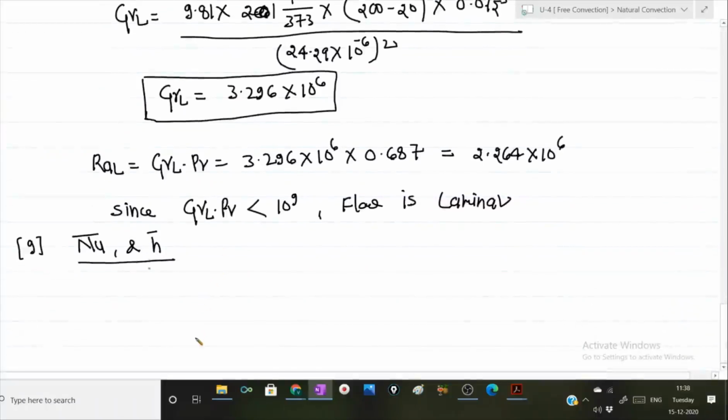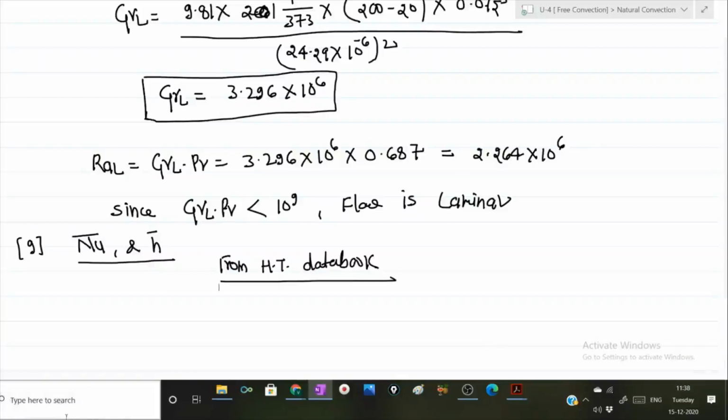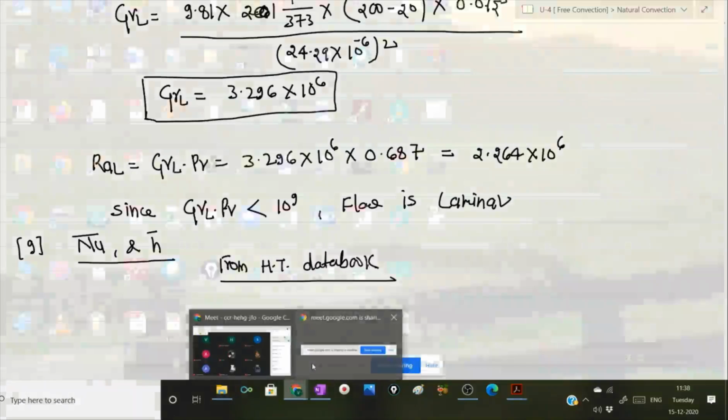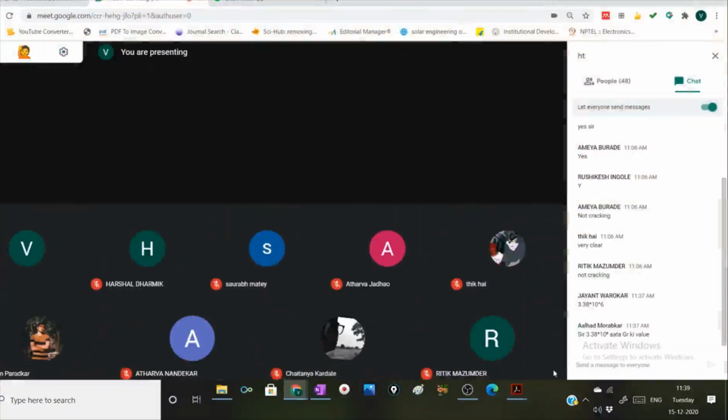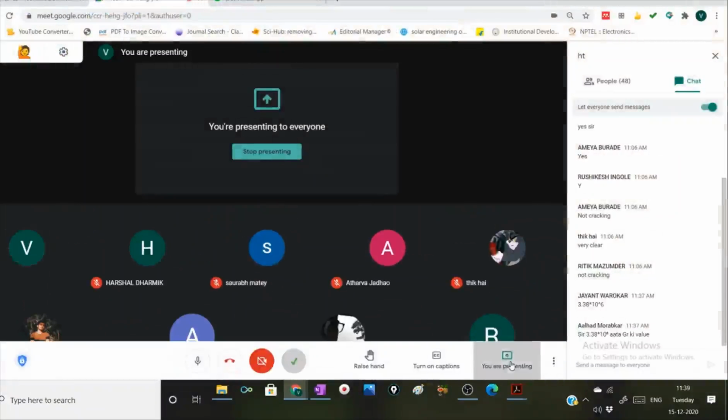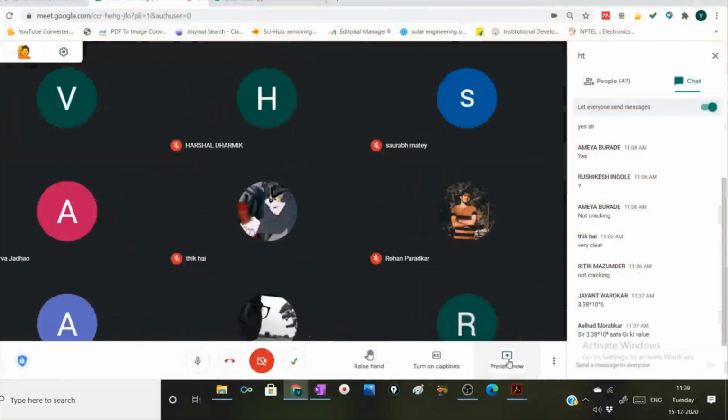Once again I have to refer to the heat transfer data book. I will be telling you the page number and equation number. Let us once again share my heat transfer data book.